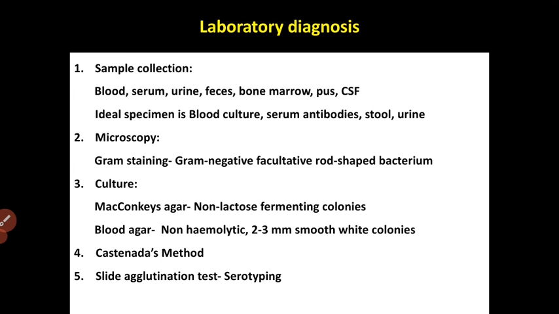Now, Castaneda's method. What is it? You must have learned it somewhere. Castaneda's method of blood culture is adopted, which provides both liquid liver infusion broth and solid media, 3% nutrient agar slope, in one bottle.